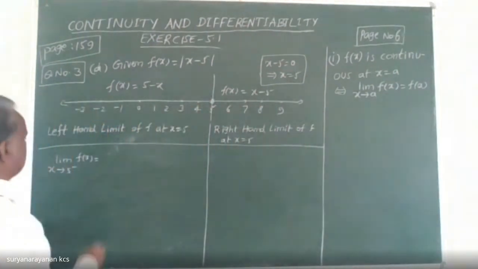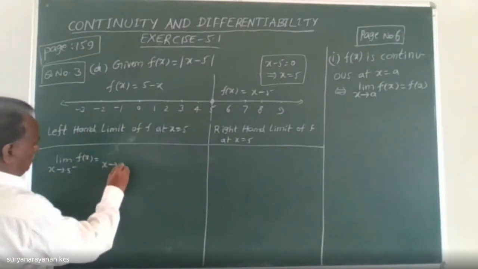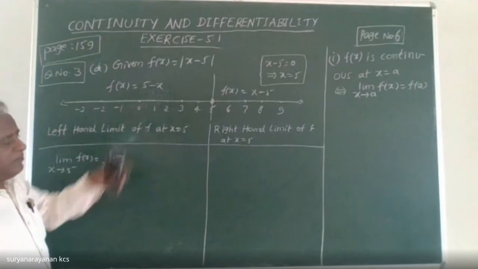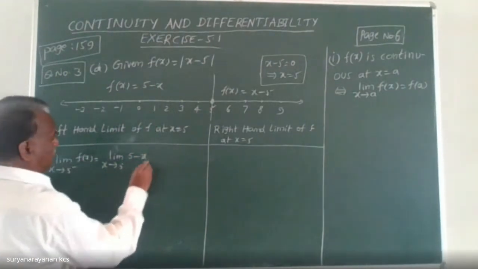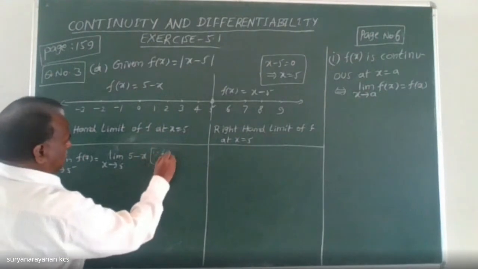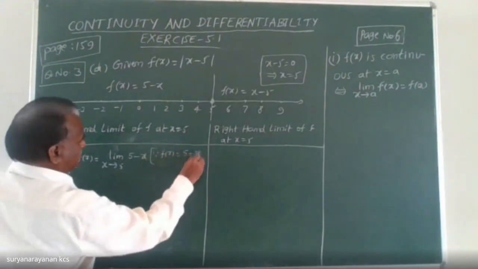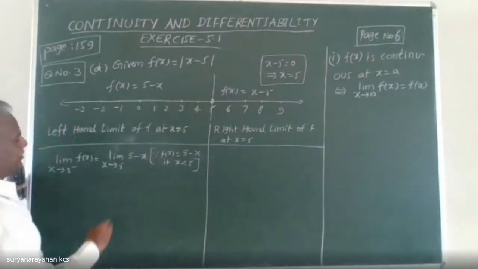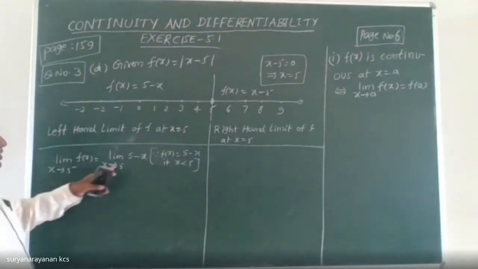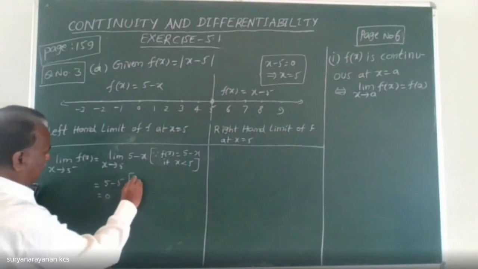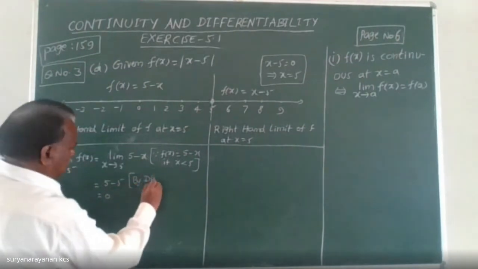Okay. So as x tends to 5, limit, on the left side, how is the function defined? 5 minus x. Because f of x is equal to 5 minus x if x is less than 5. If x is less than 5, it is defined. Now, find the limit of this function by the direct substitution method. 5 minus 5, that is equal to 0.